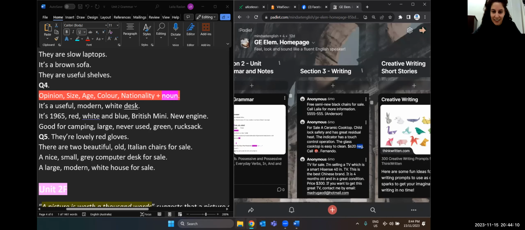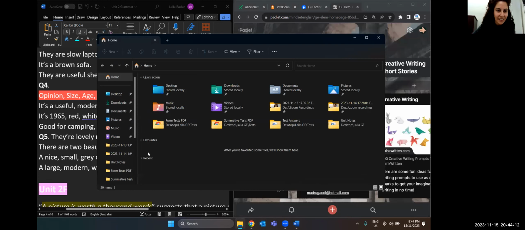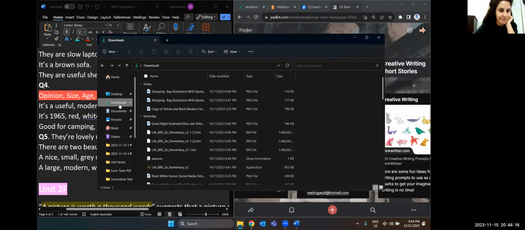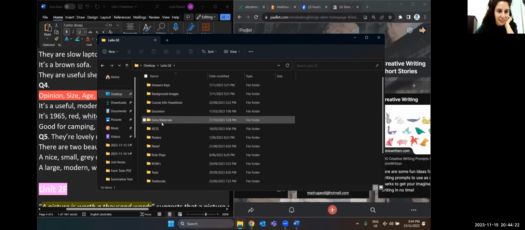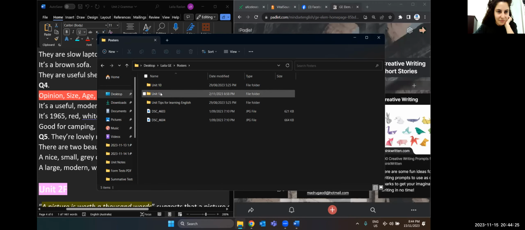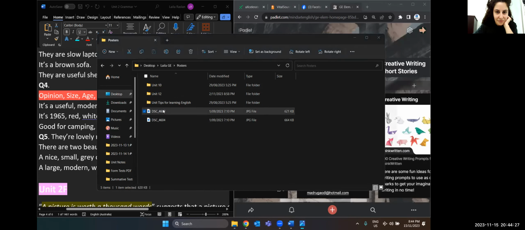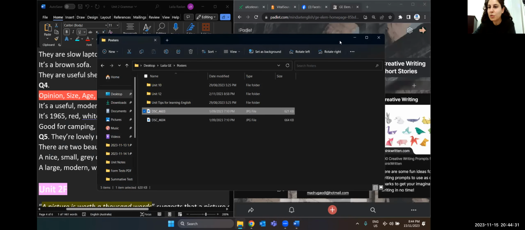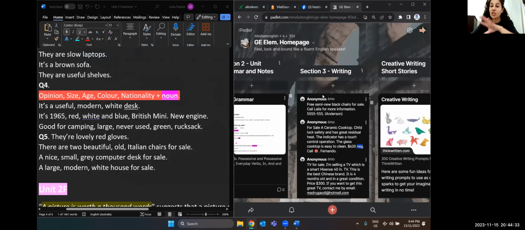Okay, I think I took some photos. I don't know if I took some photos when we did them last time. I don't think I did. No. Okay, so I would have showed you a picture. So you just got to draw a picture, an advertisement.